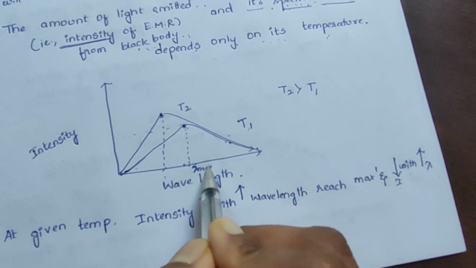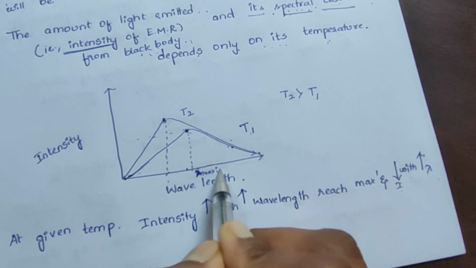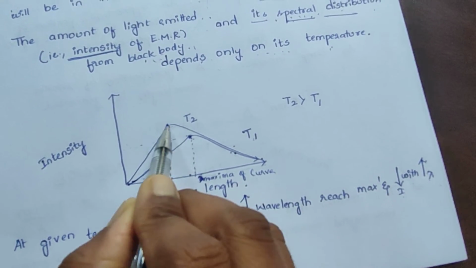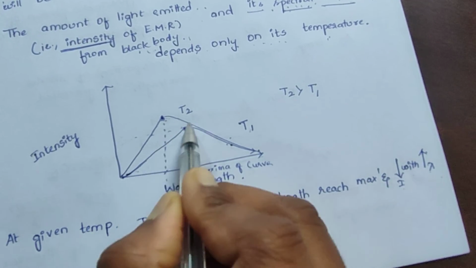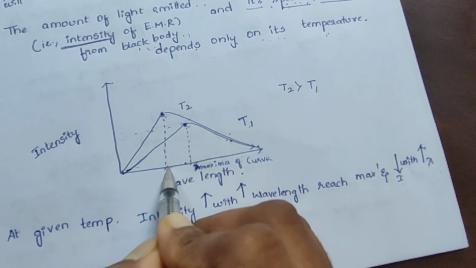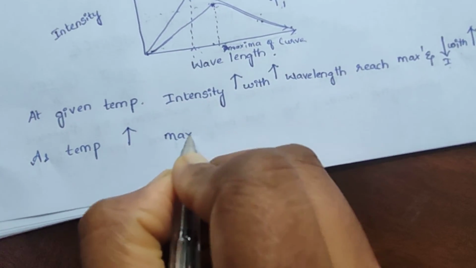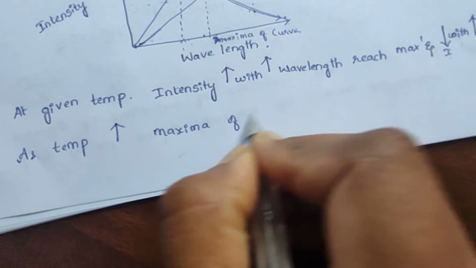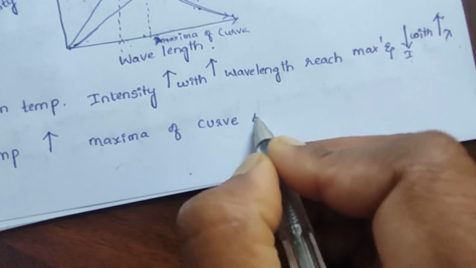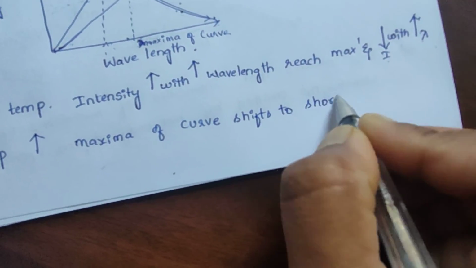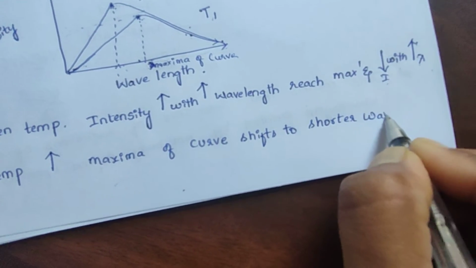The maxima of the curve, lambda max, shifts towards shorter wavelength, which means the peak shifts towards the shorter wavelength. So as temperature increases, the maxima of the curve shifts to the right, shorter wavelength.